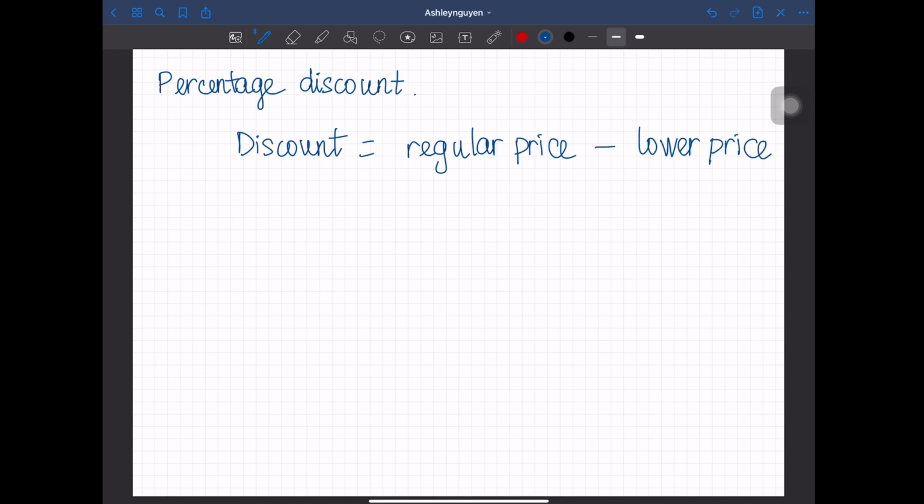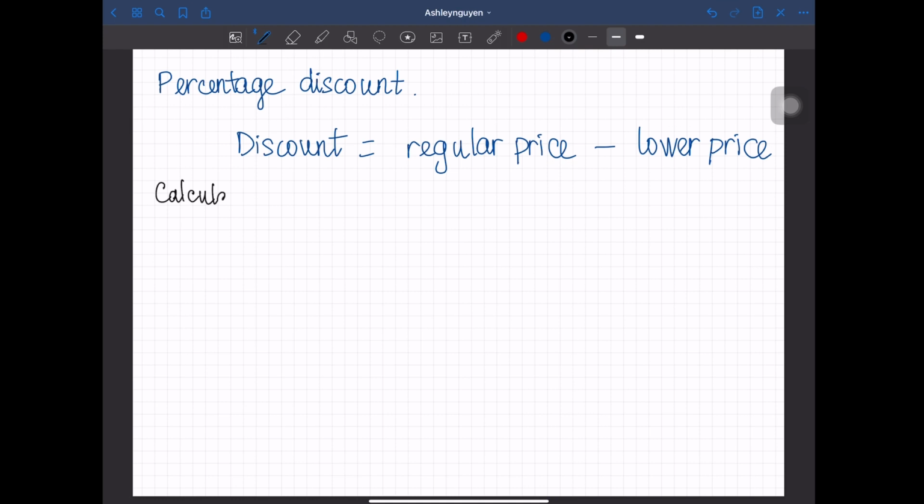So how do we calculate the selling price from a percentage discount? For example, calculate the selling price if an 11% discount is offered on a laptop originally priced at $1,800. I would write out the example first.